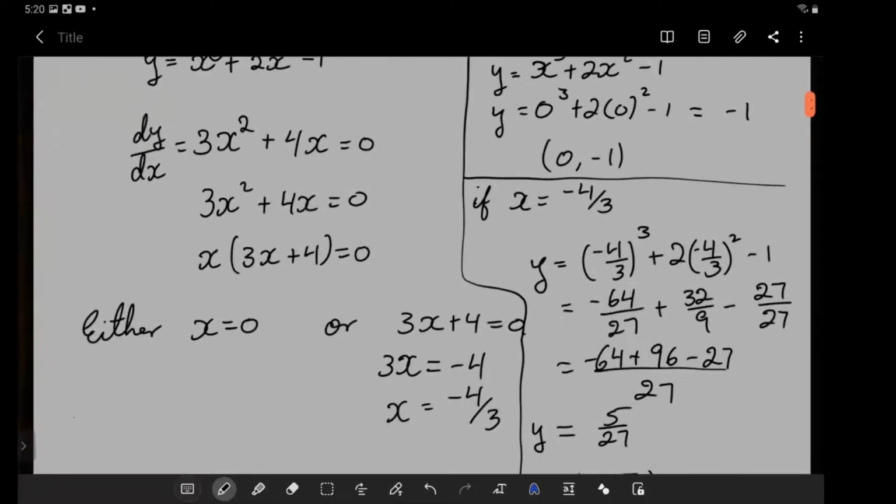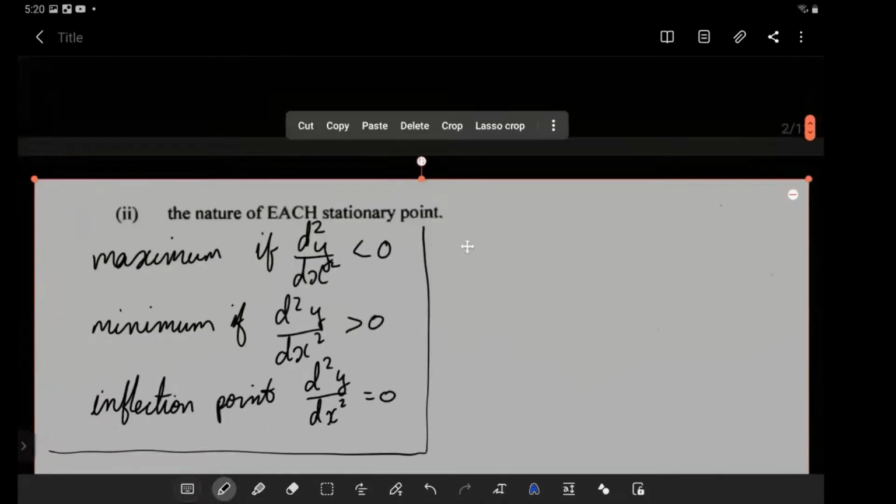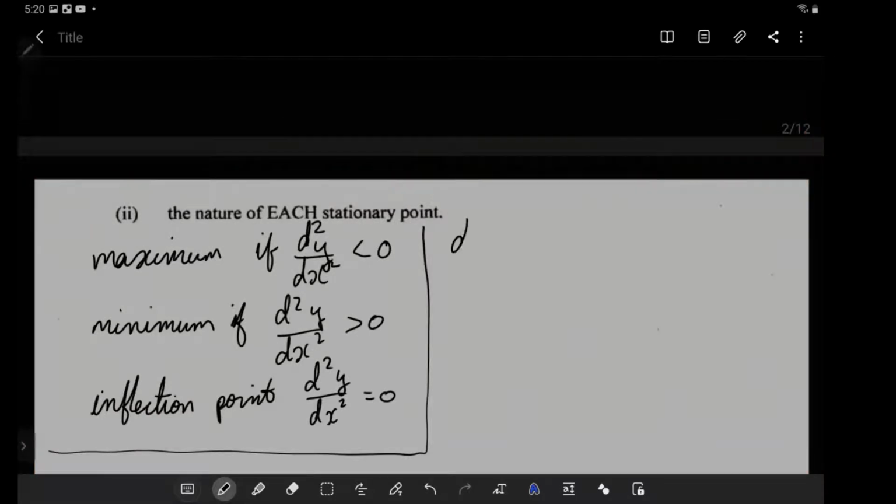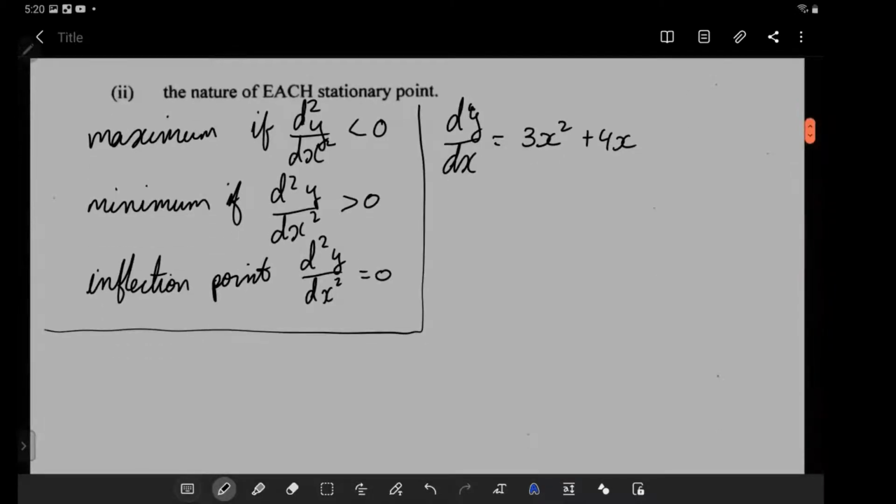So we have this as our dy dx, that is 3x squared plus 4x. So dy dx equal 3x squared plus 4x. And we want to differentiate this again. So we differentiating d2y dx squared, that will be, so put the power to the front, so we get 6x plus 4.